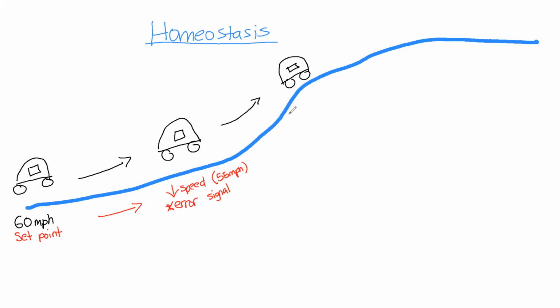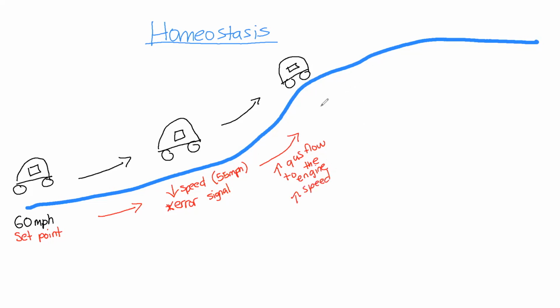And this time, because we've increased the gas flow to the engine, we've slightly sped up the car. So the car is now going, let's make a note of that. We increase the gas flow to the engine. And that's going to result in an increase in speed.